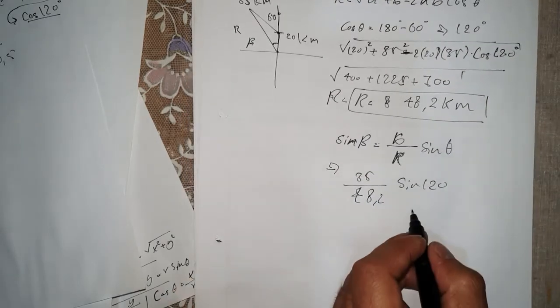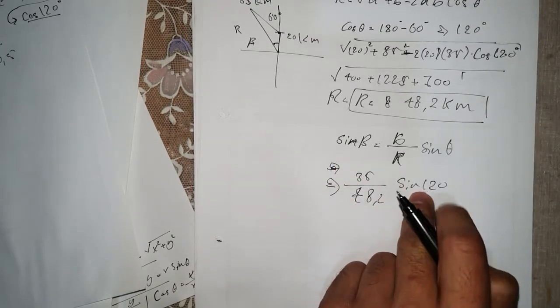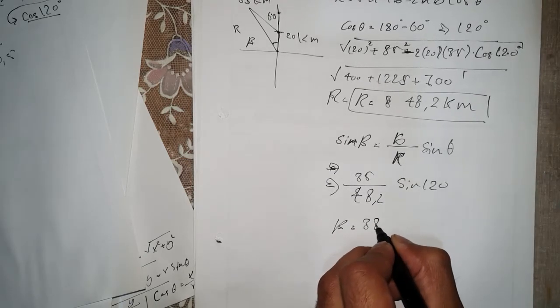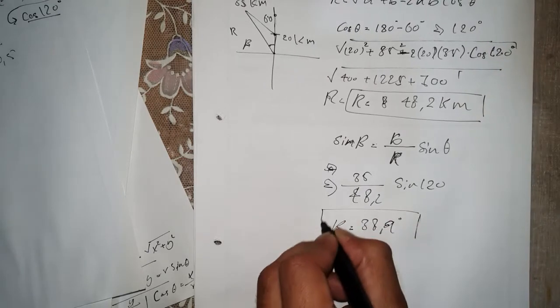When we divide and multiply all those things, we get the angle beta as 38.9 degrees.